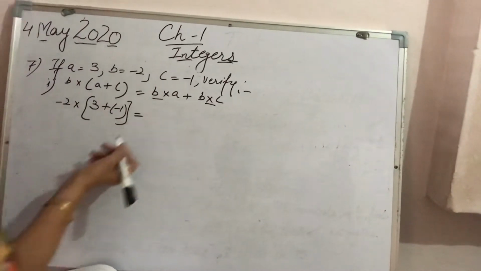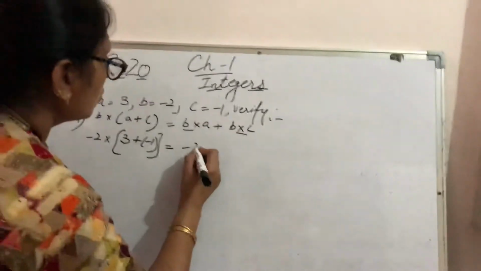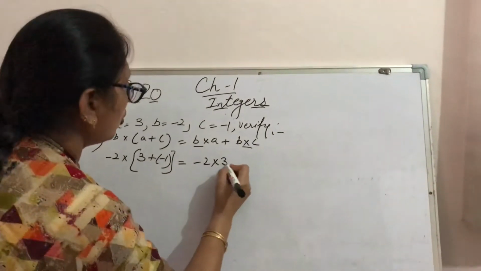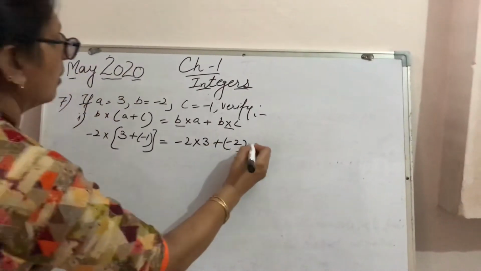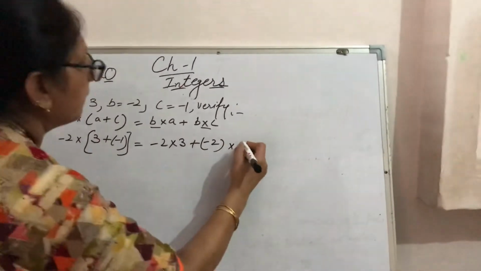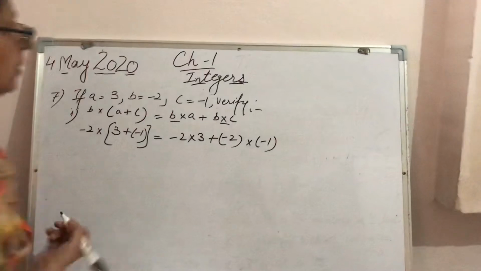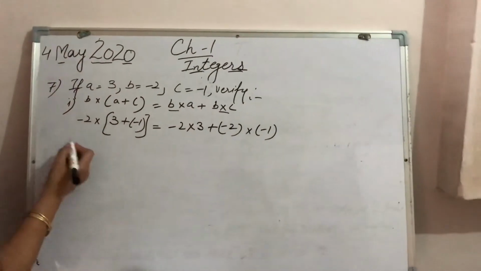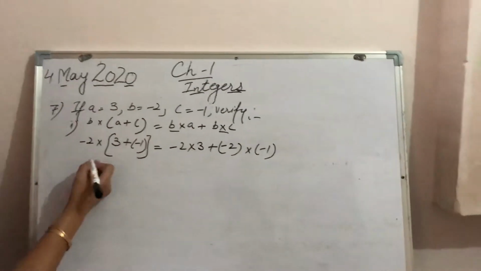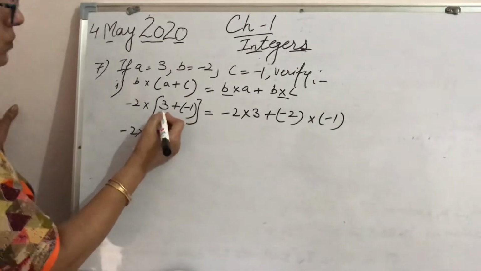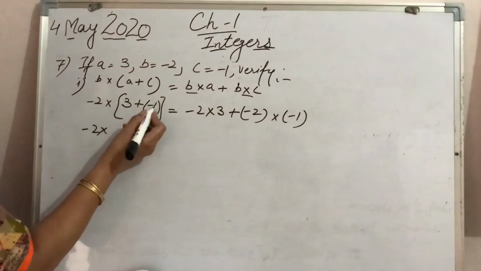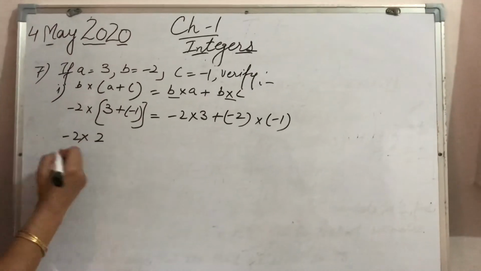Again replace the values, B -2 into A 3 plus B -2 into C -1. Now solve separately. -2 into 3 minus 1, it is 2 positive.